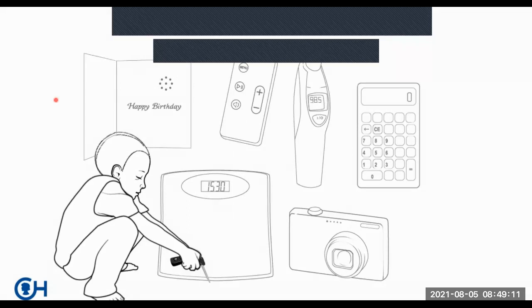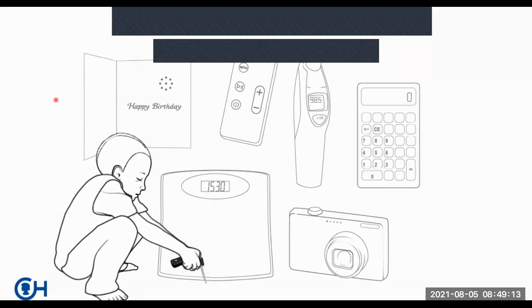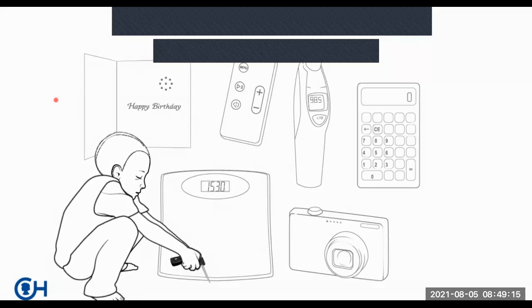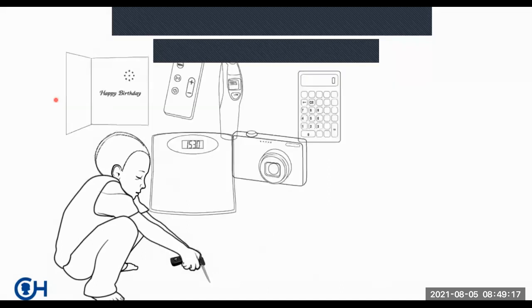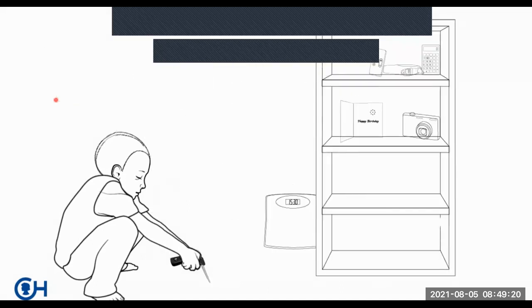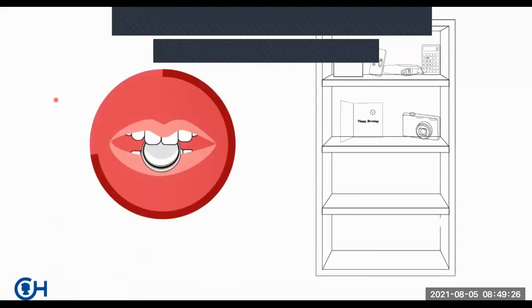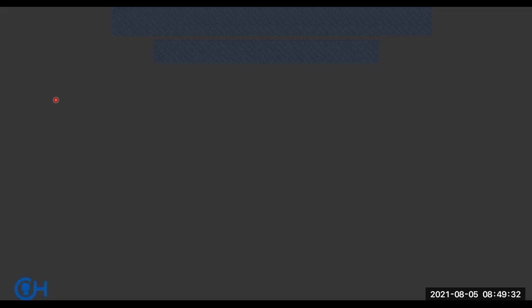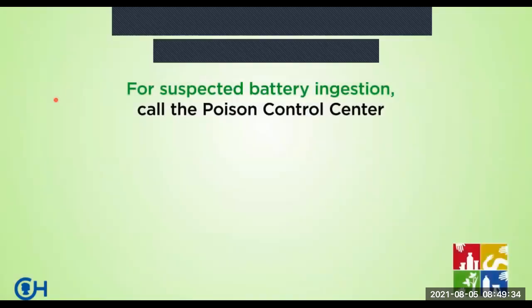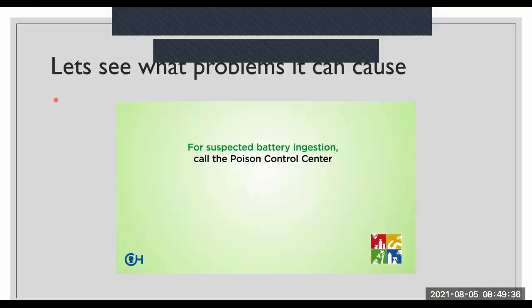If you have products containing button batteries, especially those that can be accessed without a screwdriver, they should be stored out of reach of children. And never leave loose button batteries lying around accessible to young children. And never use your mouth to hold a button battery. Accidental ingestions of batteries can occur in adults too. Now remember, if you or someone you love swallows a battery, call the poison center.